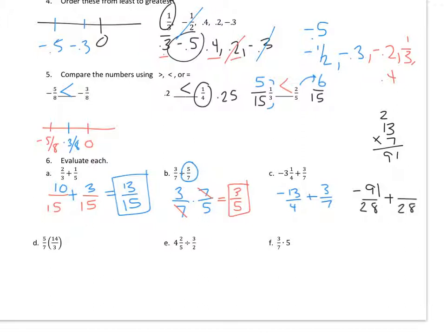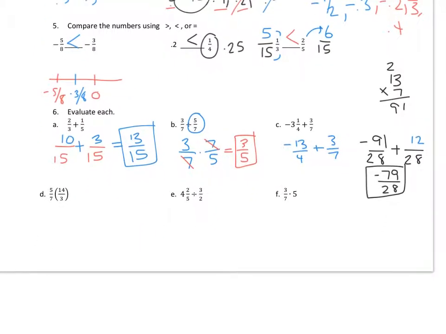Plus, now to go from 7 to 28, you multiply by 4. So 3 times 4 is 12. So negative 91 plus 12 is the same thing as doing 91 minus 12 and taking the opposite of it. So this is negative 79 over 28. And you can't reduce that anymore. That was a tough one.